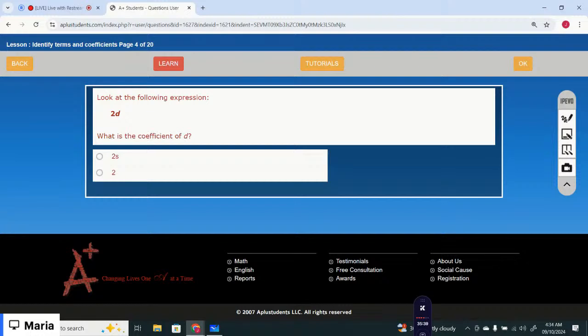Look at the following expression. What is the coefficient of D? Which is the correct option?